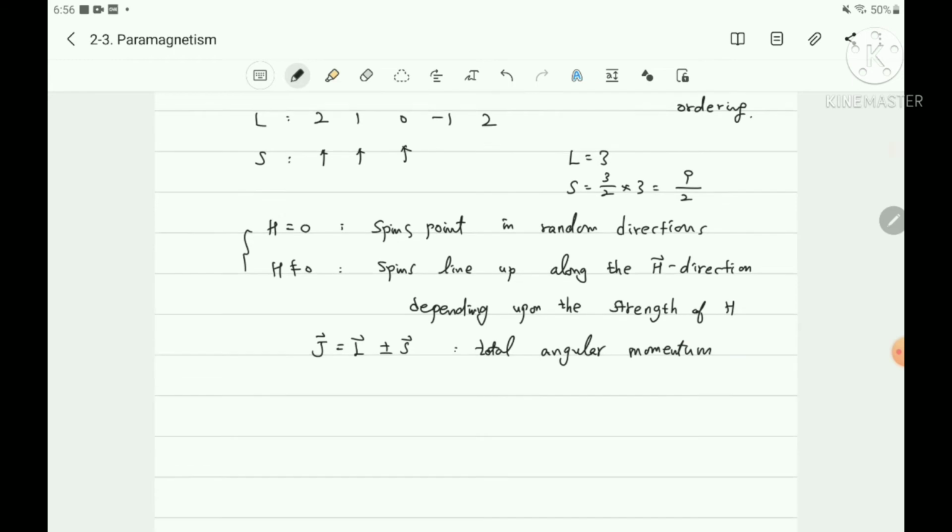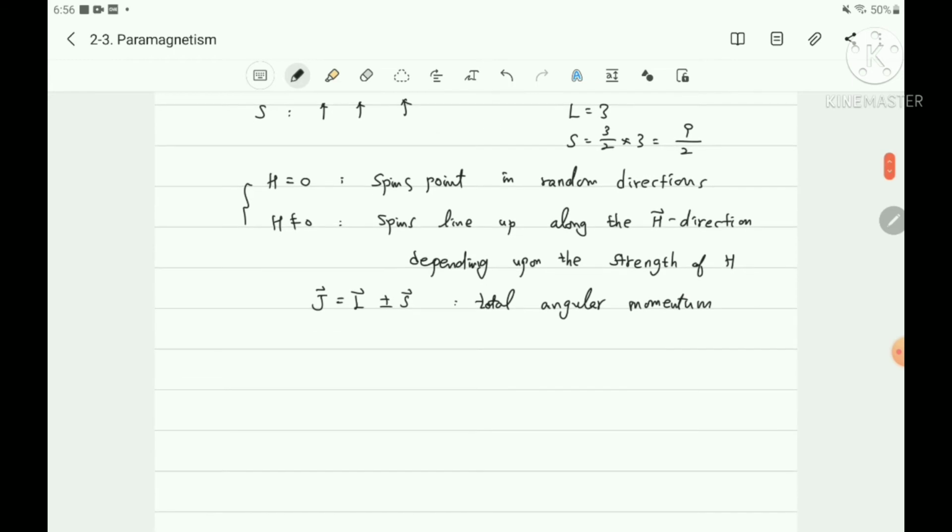I will discuss later how to calculate the total angular momentum, what is plus and what is minus. It comes from Hund's rule. To understand this paramagnetism, let's treat it with a semi-classical method.